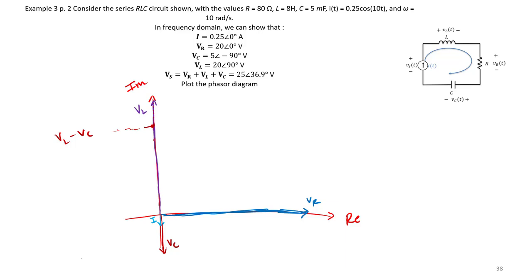And now we could actually see, if we were to make a dotted line taking our net vertical component, which is VL minus VC, and our net real component, which is VR, which is just 20, VL minus VC is 15, we could determine that our total VS, total series voltage, is going to be equal to 25 angle 36.9 degrees.